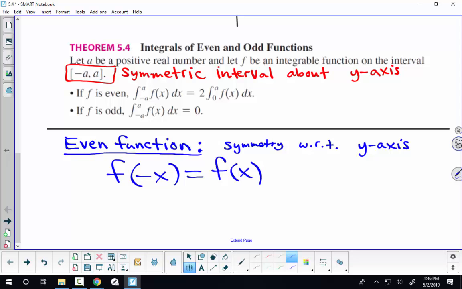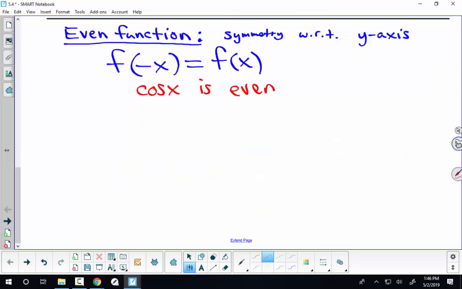Like we can think about x squared. If I replace x with negative x, negative x squared is x squared, right? So that's an even function. If you also forgot, cosine is even. An odd function has symmetry with respect to the origin.